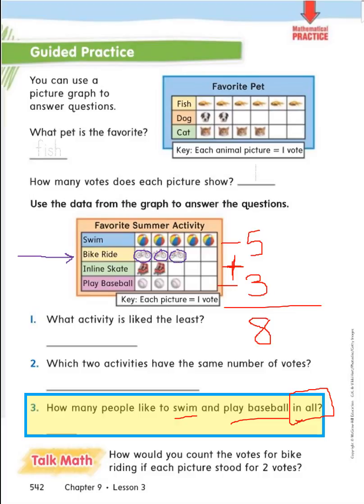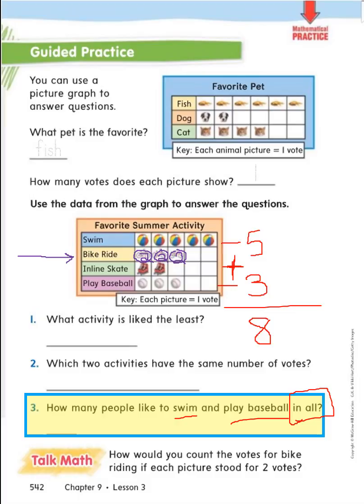It would almost be like skip counting, which we did way, way back in October or November. Imagine a circle with a 2 in it. So, if each bike picture stood for 2 votes, what would it be? Tell somebody who's in the room near you and see if they can match up with your answer.